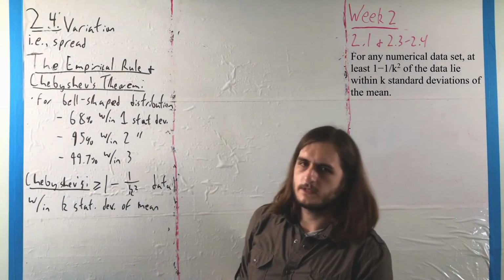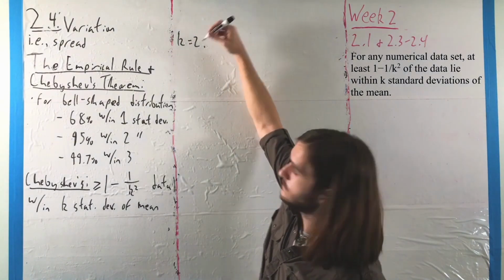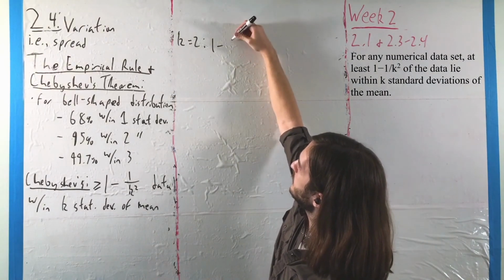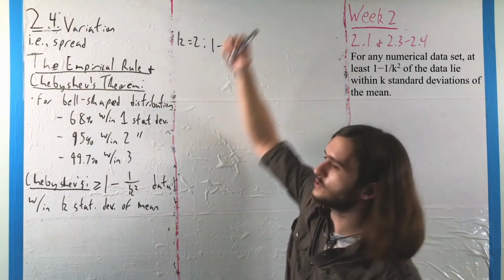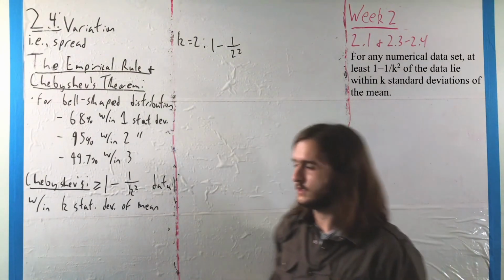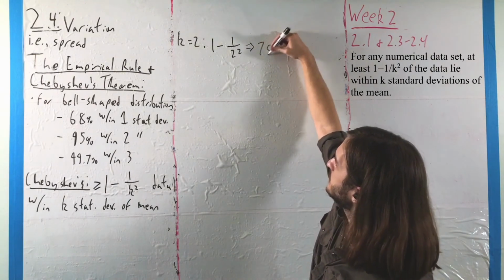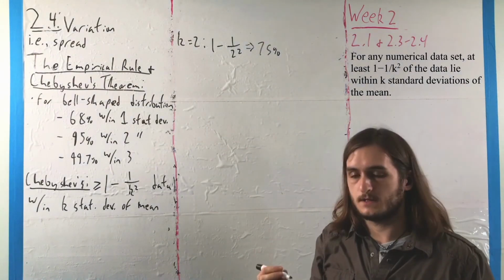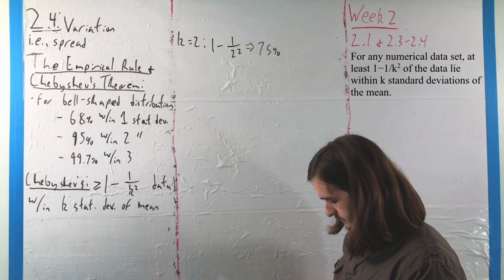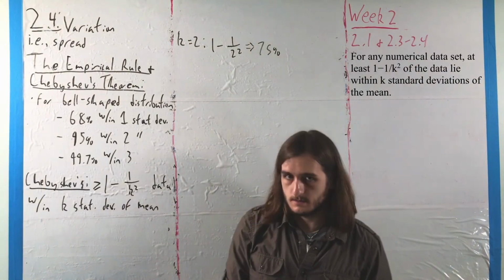So, for example, if we were to make k equal to 2, we could say that 1 minus 1 over 2 squared, or 75%, that is at least 75% of the data is within 2 standard deviations of the mean.